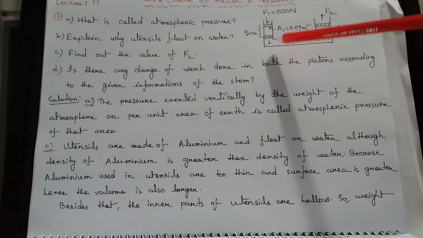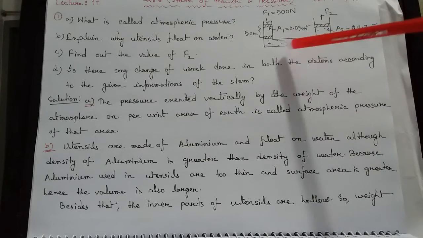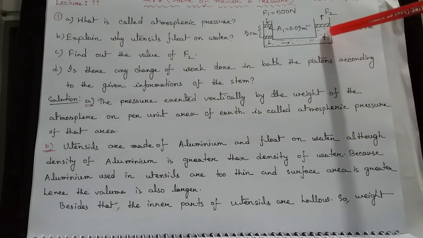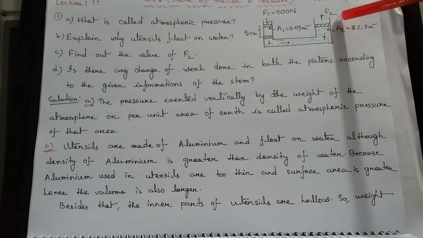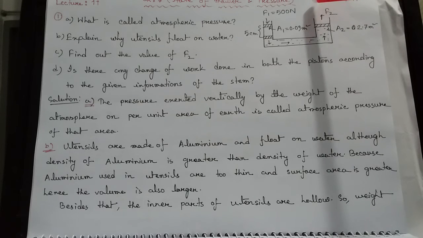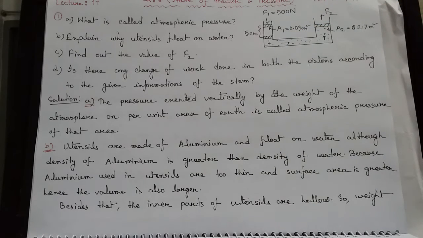Here two cylinders and two pistons are connected. If we apply F1 force on the first cylinder, then the second cylinder will feel the force F2. The value of F1 is given here in our stem, that is 500 Newton, and the cross-sectional area of the first piston or small piston is 0.09 meter square, and the cross-sectional area of the second piston is 2.7 meters square.